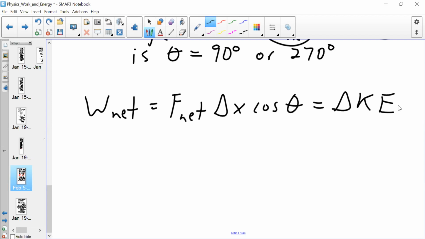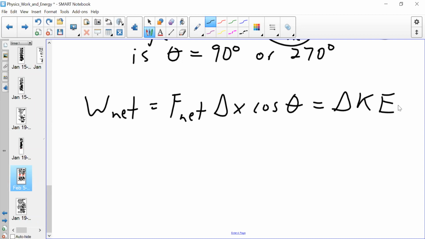We derived last time the connection between work and change in kinetic energy, that when we have a net force, F net here, that causes an object to move from one position to another position, we are actually changing the speed of that object.